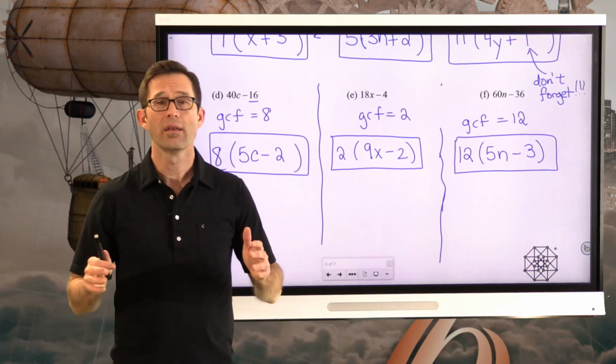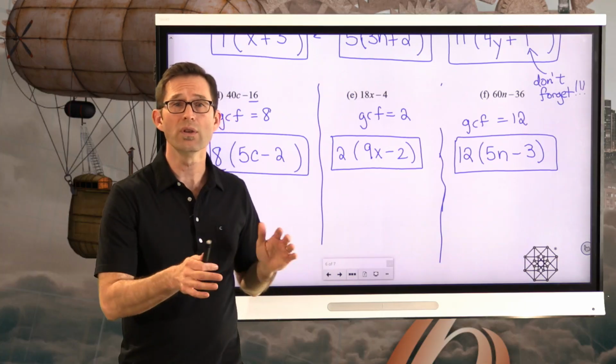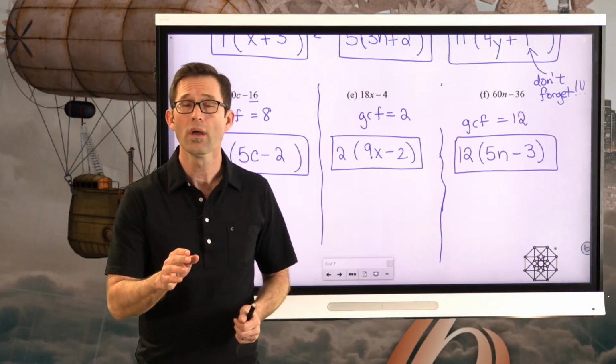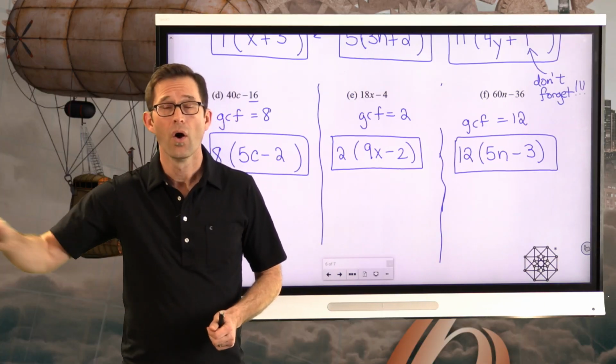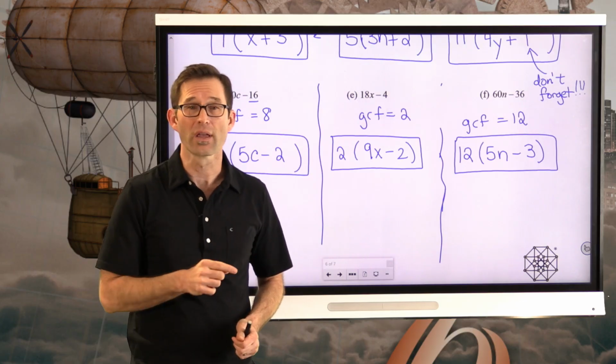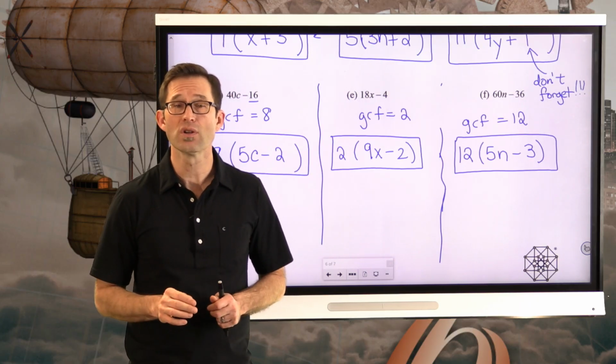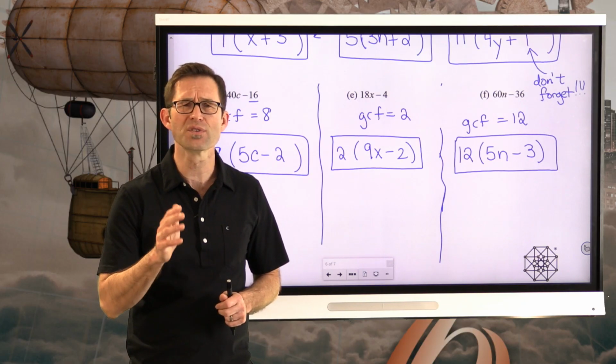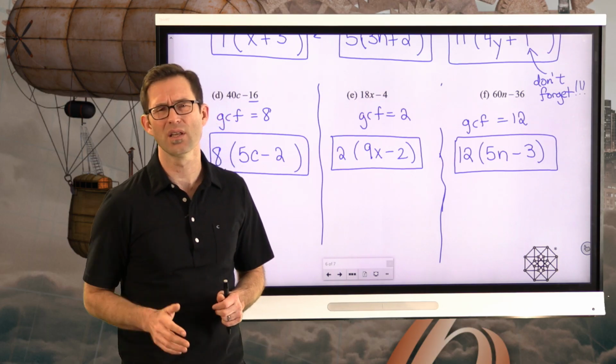And again, I cannot emphasize enough that every time we do one of these manipulations, whether we're distributing or doing the reverse, factoring, we are producing an expression that is really identical to the original one. It just looks a little different.